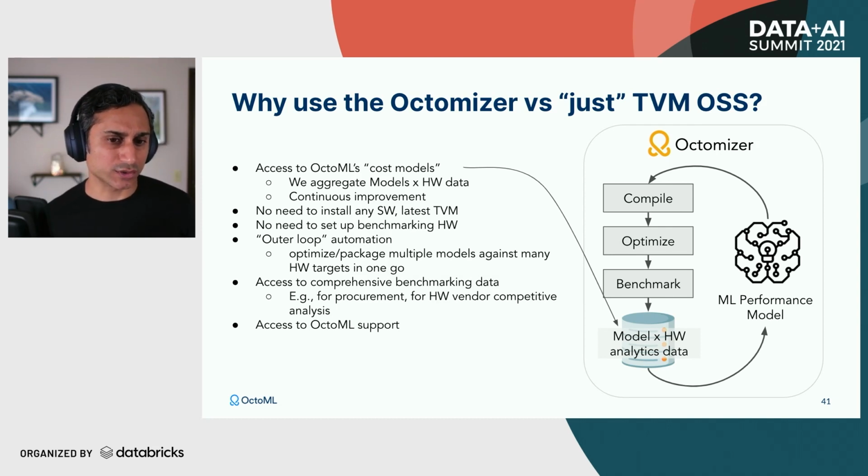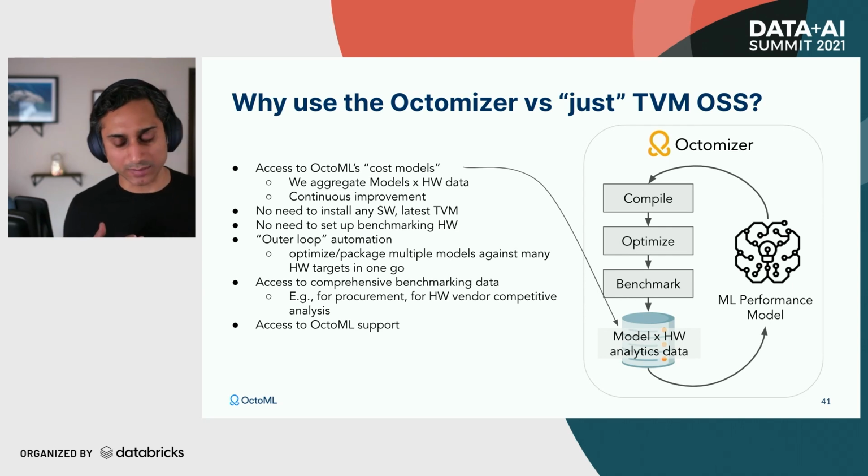There's also no need to install any software, and there's no need to set up any benchmarking hardware harness. If you want to use TVM, it's not simply a matter of installing the TVM software and running your model through it. You also have to build a hardware harness of the exact chipset you want to optimize your model for, and that can take some work, right?